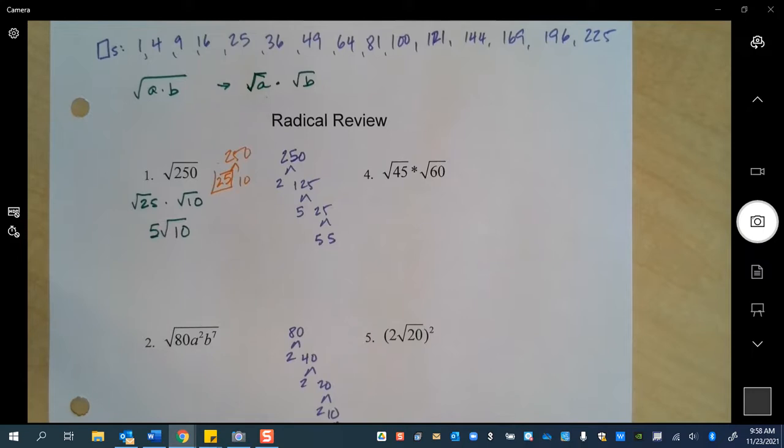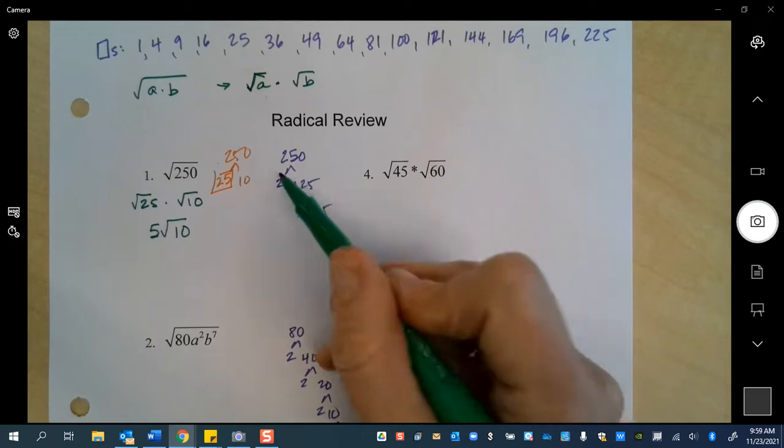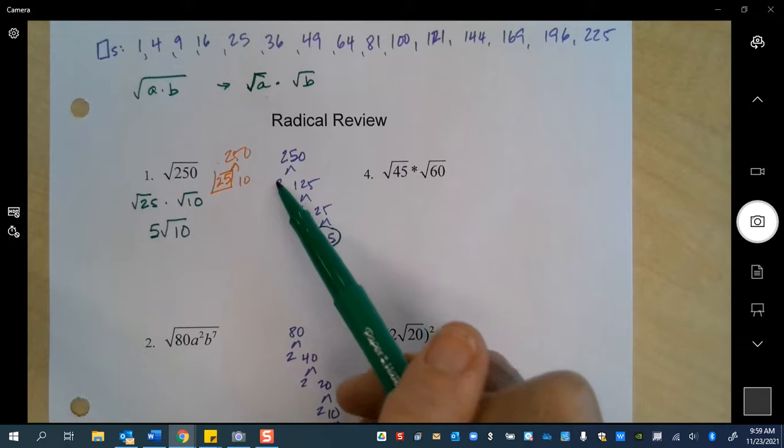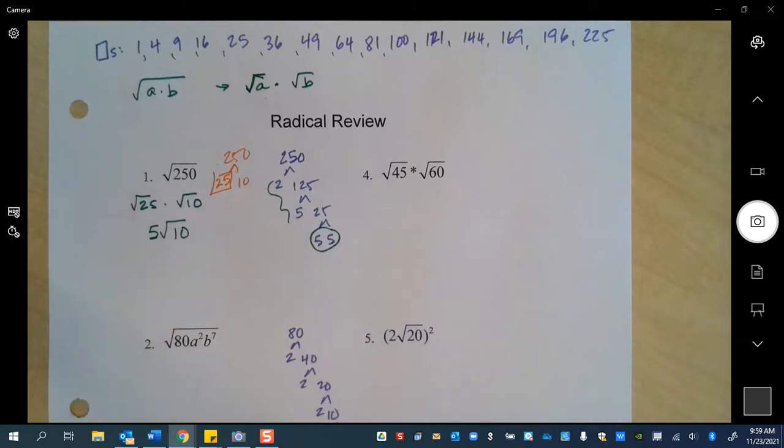So for me, breaking 250 down into 25 and 10 is super fast because I can take the square root of 25 and I don't have to worry about breaking this down, finding my double factor, and then multiplying this back again.